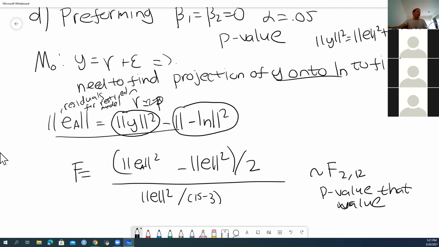All you need to do is find the EA of the restricted model. You already have e squared for the regular model. To find it for the restricted model, it's just the y squared value, which you already calculated above in part C, minus this value, which is the squared length of negative 1n, which would be 15. Calculate it, and then you can just replace it all in.